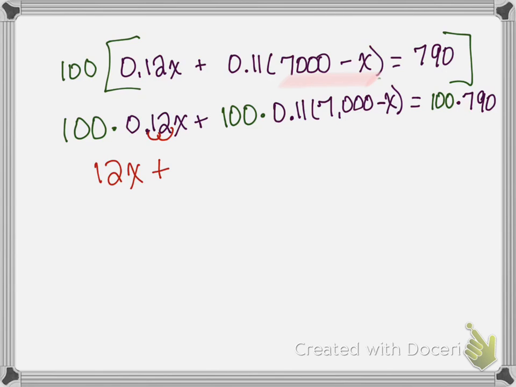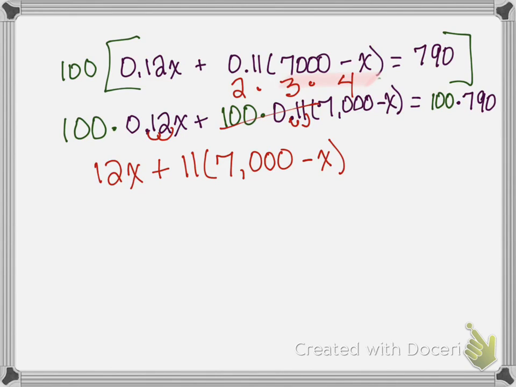Right here, this 100 is my 2. This 1100ths is my 3. 7,000 minus x is my 4. Those are 3 things multiplied together. So once I deal with the 100 times the 0.11 and I move this over, I'm done with this part. I'm left with 11 times 7,000 minus x.